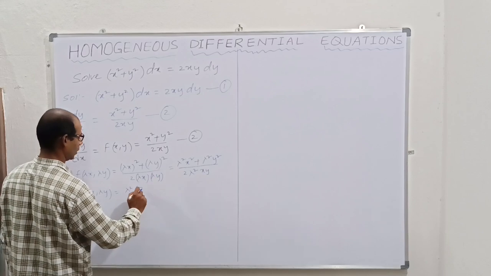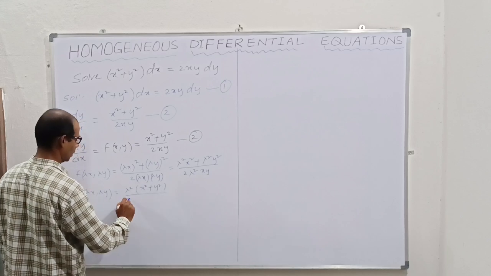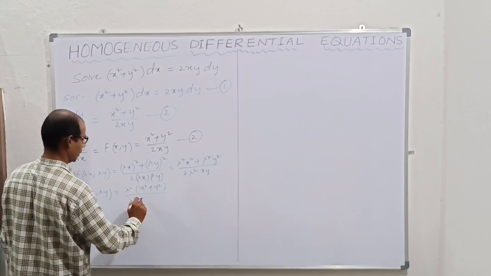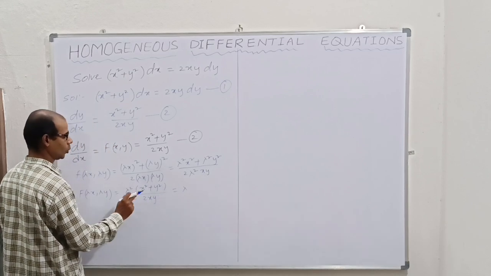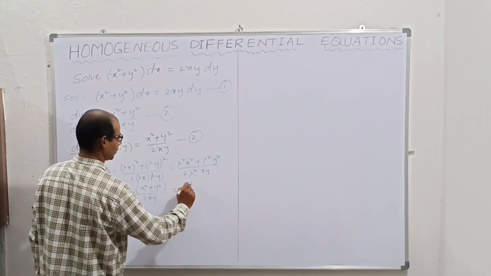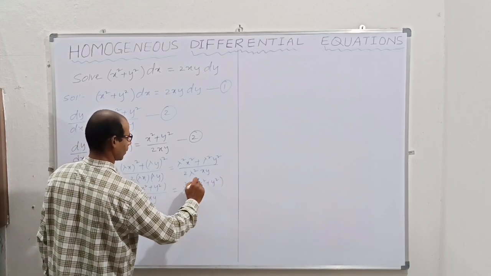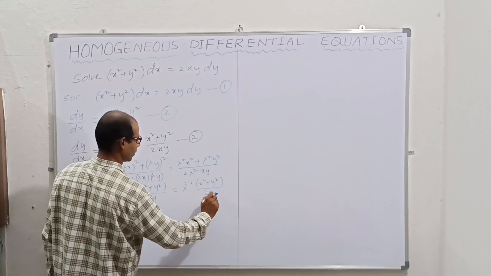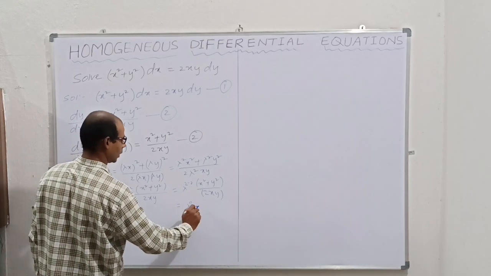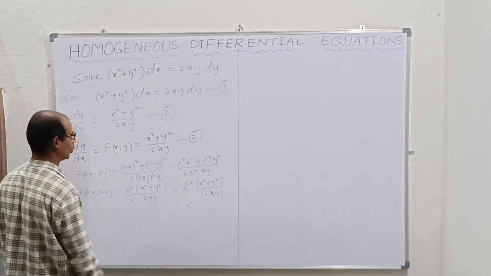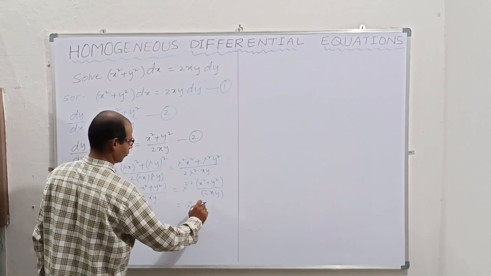So therefore f of lambda x comma lambda y is equal to, we can take lambda square common, so lambda square into x square plus y square upon lambda square into 2xy. So this is equal to lambda to the power 2 minus 2 into x square plus y square upon 2xy. So this is equal to lambda power 0 into x square plus y square upon 2xy, which is f of x comma y.